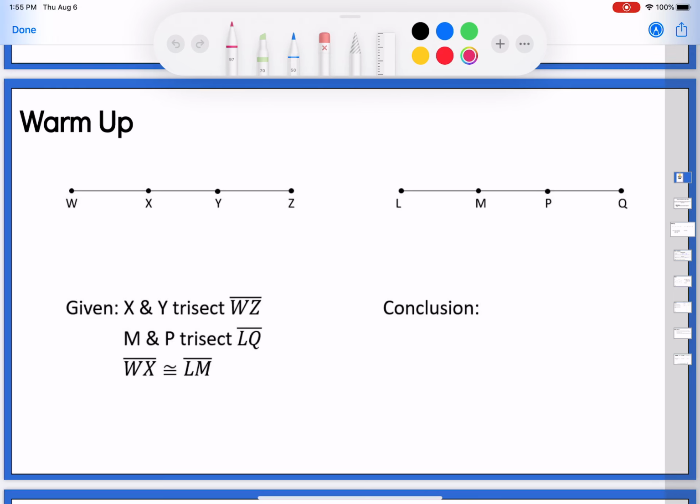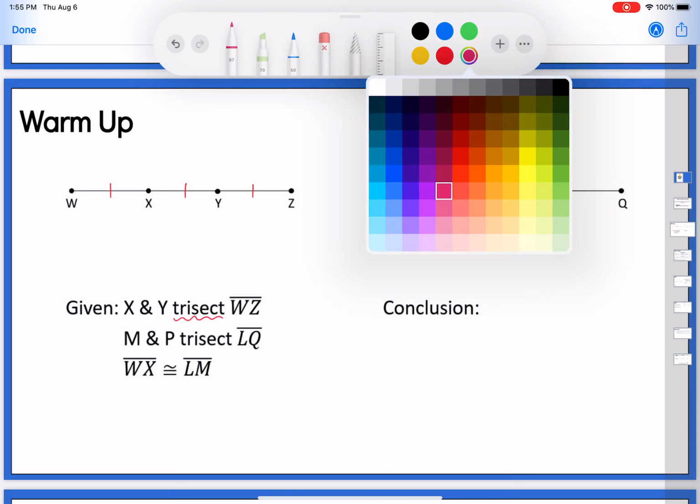Okay, so what I see, let's see, the word trisect means three congruent parts, right? So if X and Y trisect segment WZ, that means these three segments are congruent. You could have that listed in your conclusion, those three segments written out as congruent for sure. That would definitely be one thing.